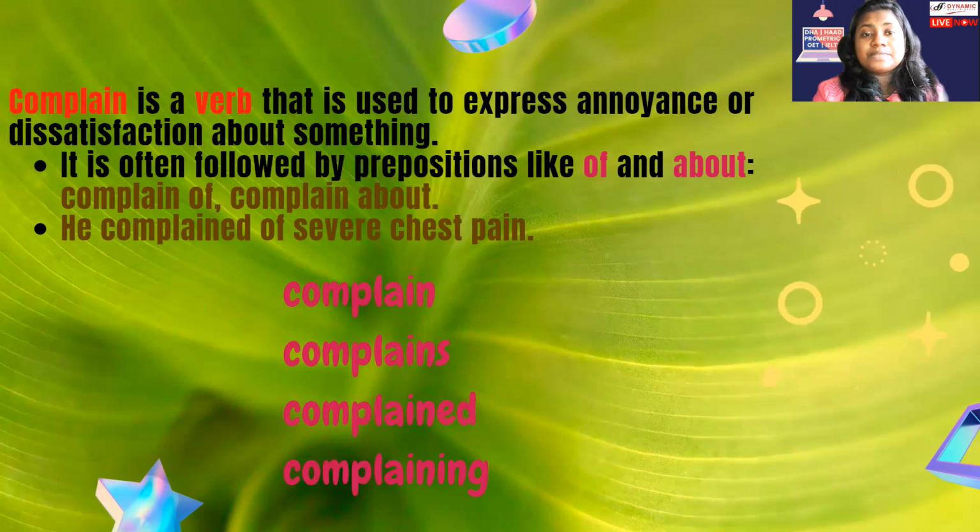It is not complaint, it is complain. That is a verb, usually followed by prepositions like of or about. Complain of or complain about. Since it is a verb, it comes in different forms like complain, complains, complained, the ed form, and complaining, the ing form.